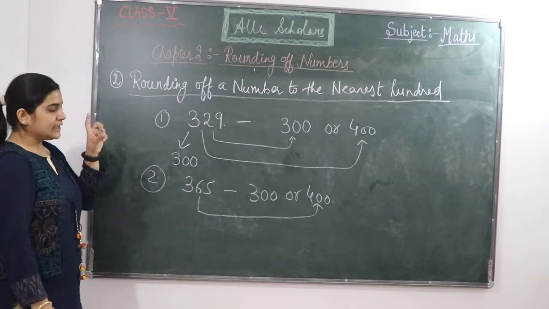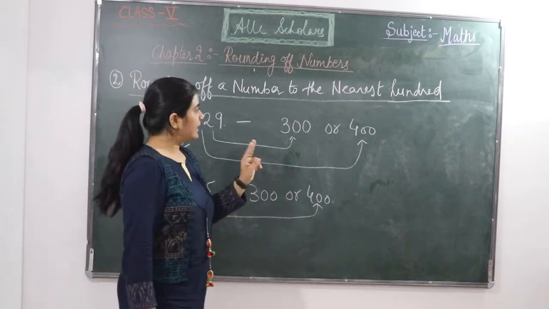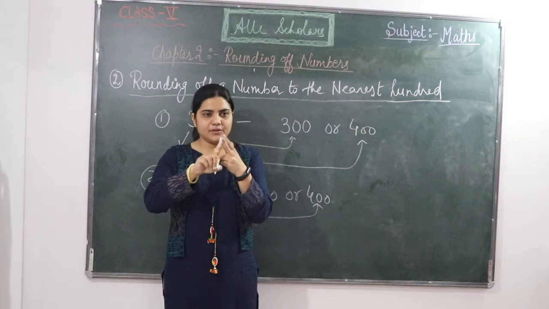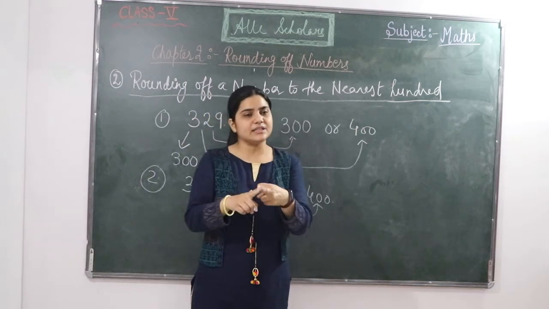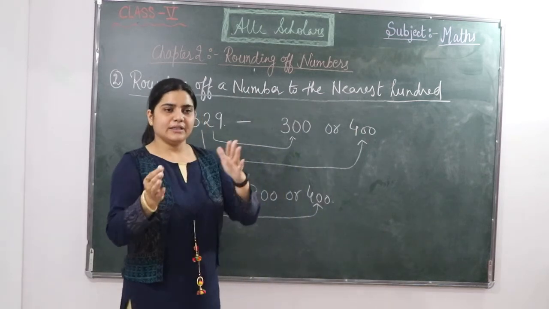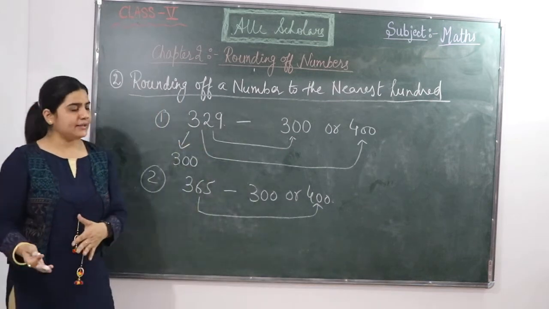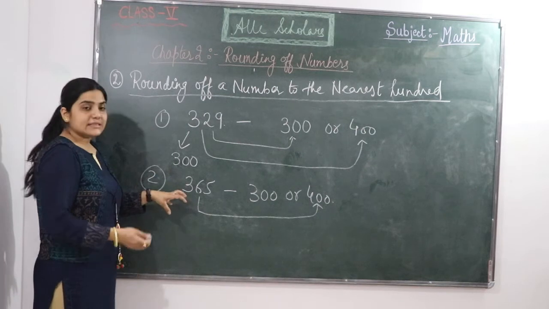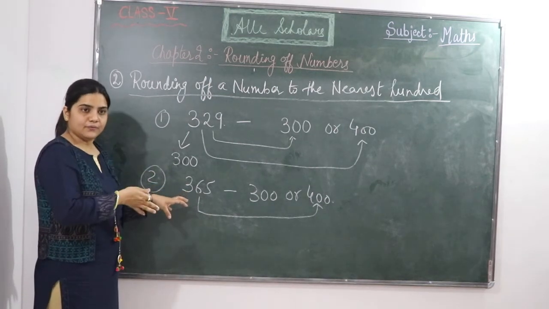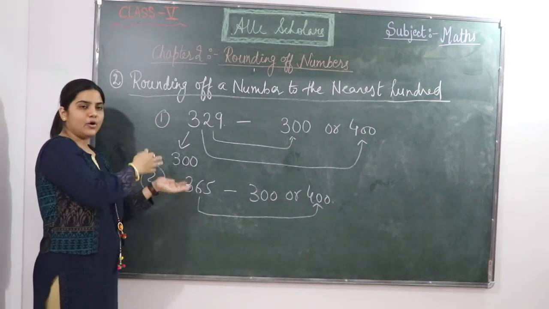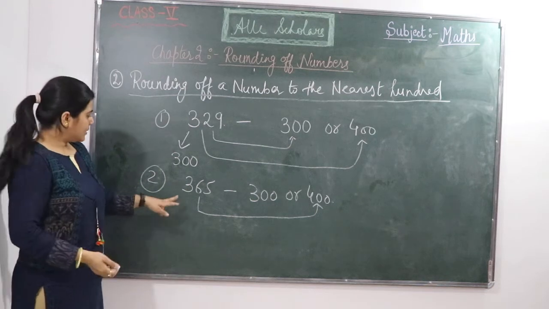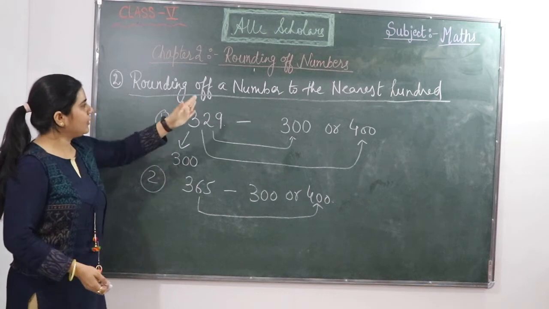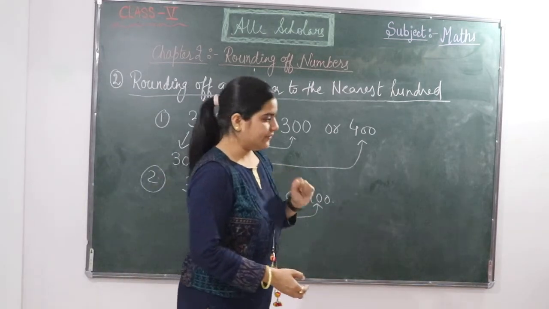In the nearest 10, we saw that we look at the digit on the ones place, whether it is less than 5 or greater. Here we will see whether it is near to the lower 100 or the upper one. So these two examples will make you clear about rounding of a number to the nearest 100.